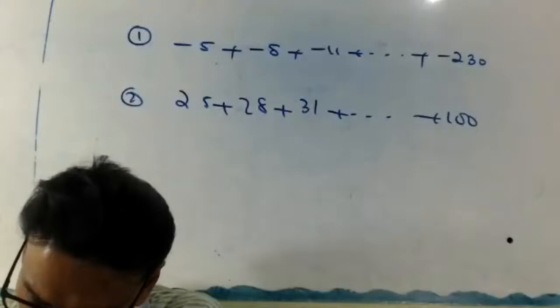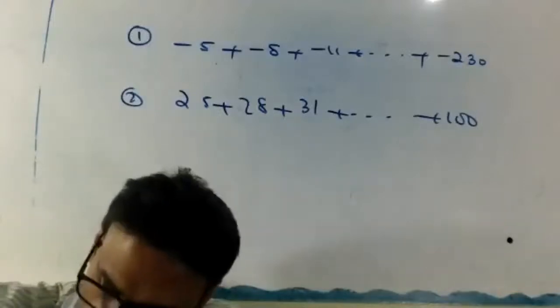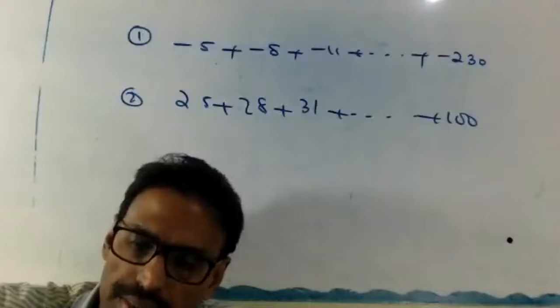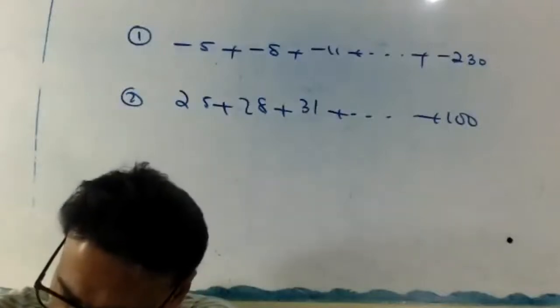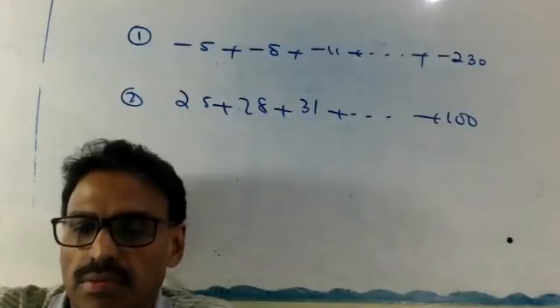Second one is how much? 1625. The first one answer is minus 8930. Second one 1625. Okay, do fast.